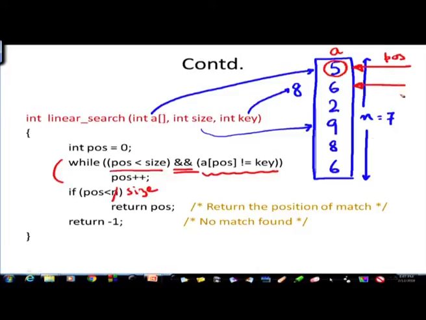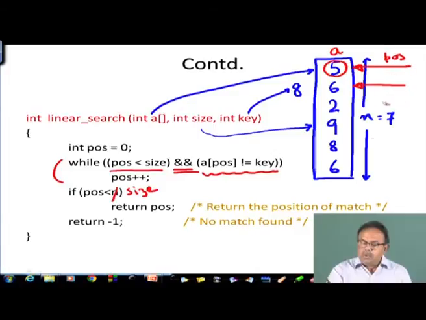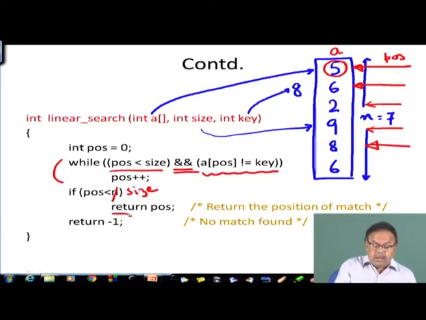So, pos increments from 0 to 1 to 2 to 3 then to 4. When I do that, the size was 5, I have not exceeded 5, it is still less than 5, but I have come out because I have found this. So, at pos position 4, I am getting the key.